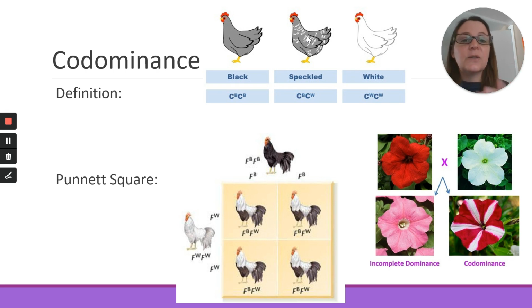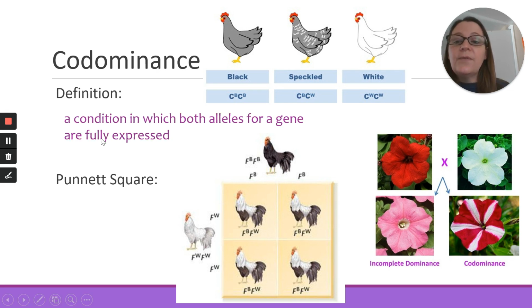And so they look like this cool grayish color. And then for roosters, you see that if you mix the black rooster and the white rooster, you end up with a mix of both colors. You see both the white feathers and the black feathers in the offspring. So the definition is a condition in which both alleles are fully expressed. You see both phenotypes, not a mix, but you see both phenotypes.